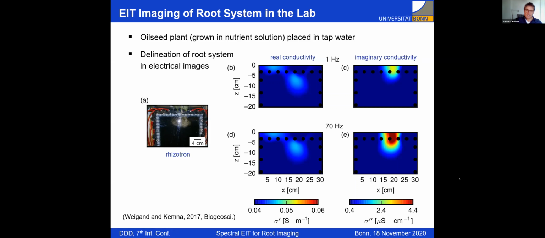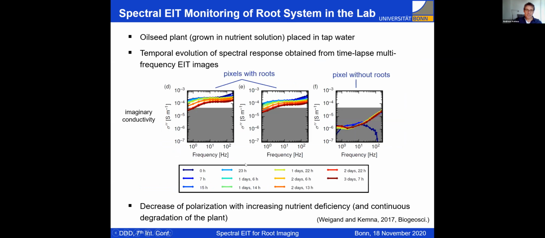And if we look, for instance, at a pixel or a voxel of such an image at the spectral response that we recover, which is shown here, again, for an oilseed plant which was placed in tap water and then just left alone over a couple of days, this gave rise to nutrient deficiency over the days, and also an obvious degradation of the plant.